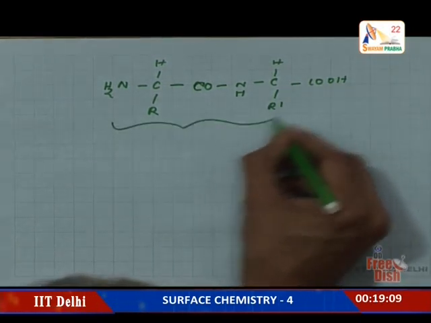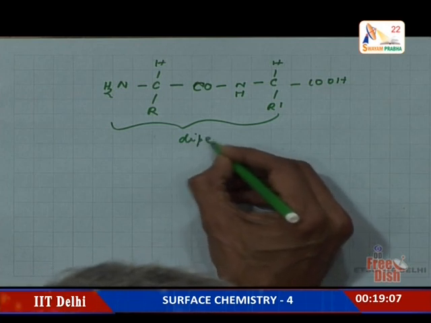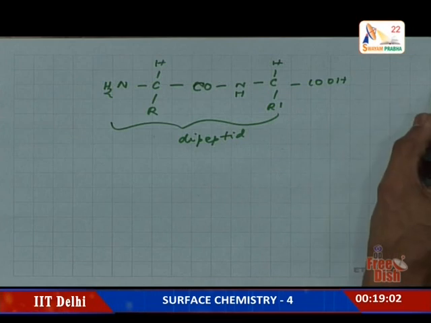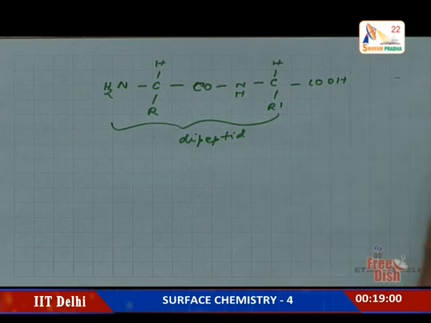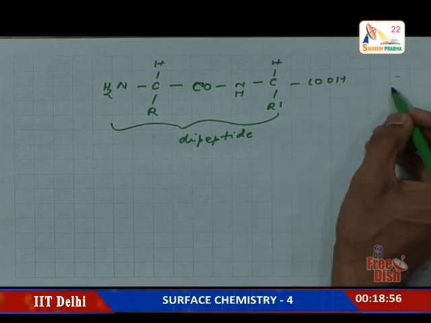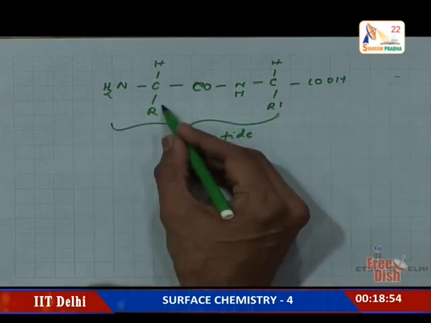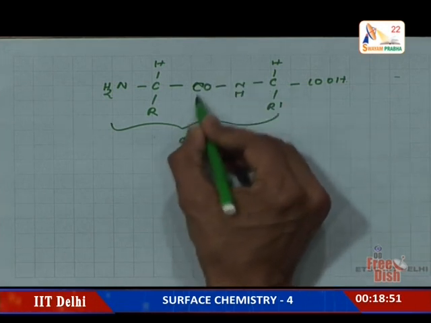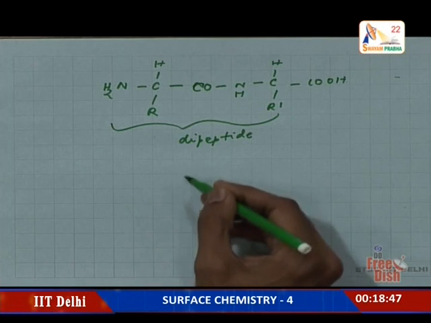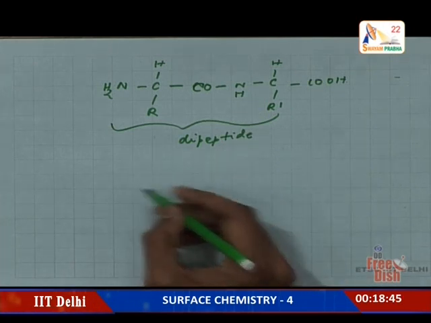So, this is a dipeptide, and if you did this infinitely, you will get what is called a protein, and enzymes are proteins. And what happens is, because of restricted rotation about these bonds, enzymes have very interesting shapes.